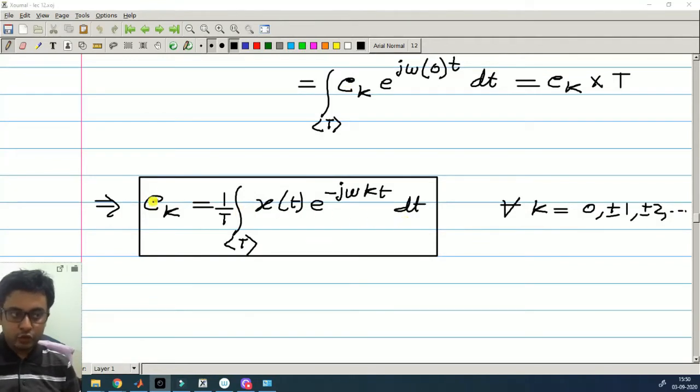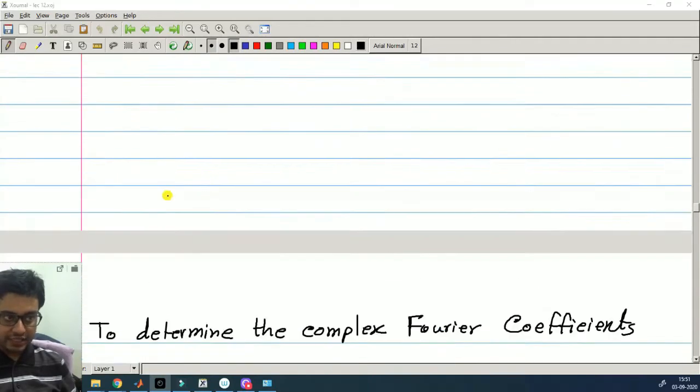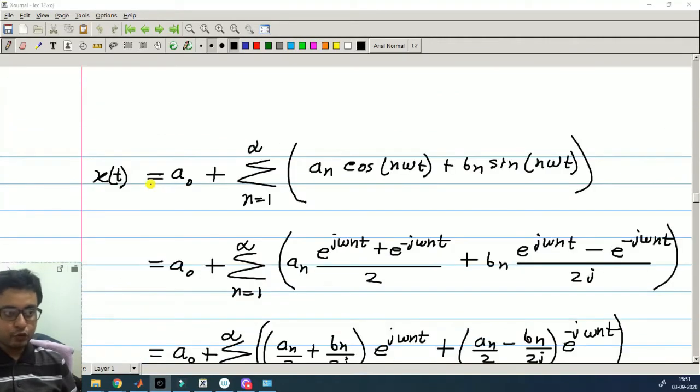We have only one formula to determine these coefficients of complex harmonics. This is so simple that people call it complex Fourier series.